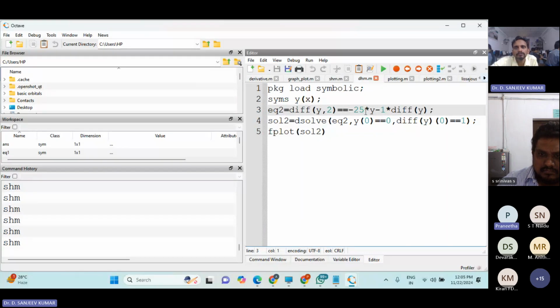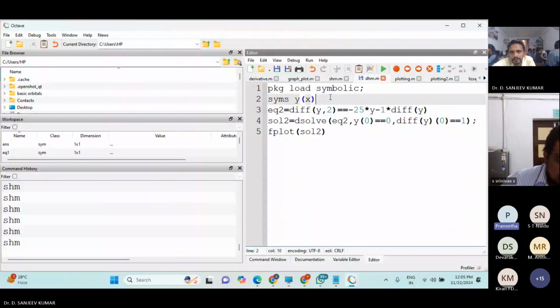So my differential equation now contains damping factor also. A first order derivative. So d square y by dx square is equal to minus 25y minus dy by dx.